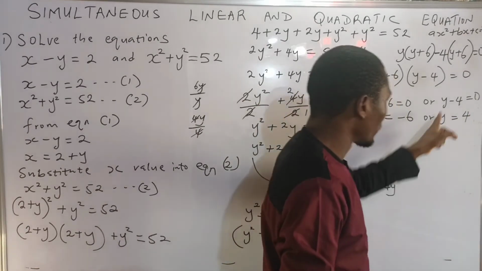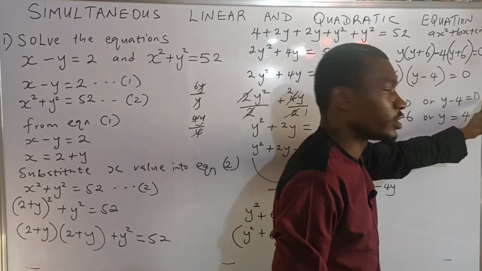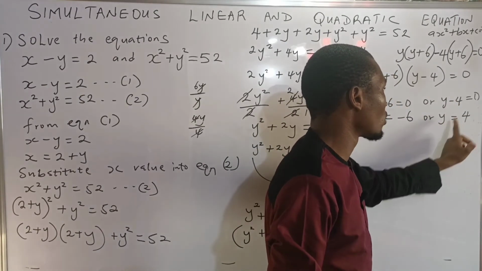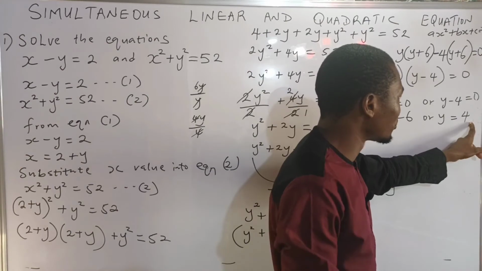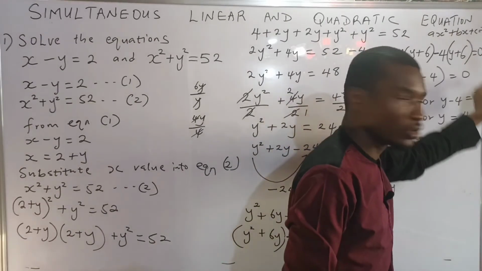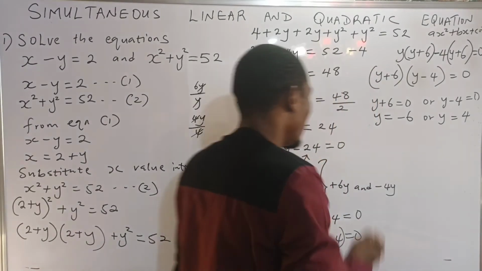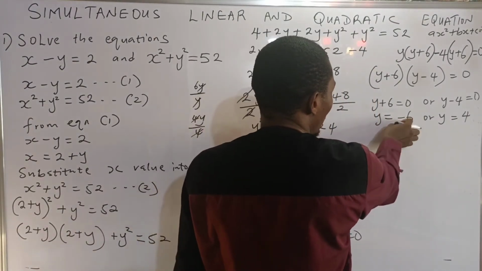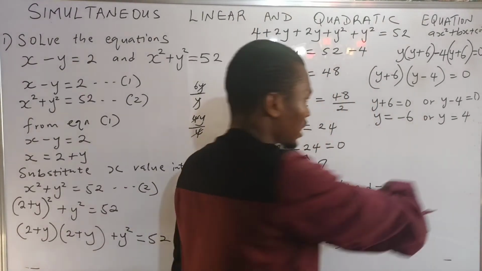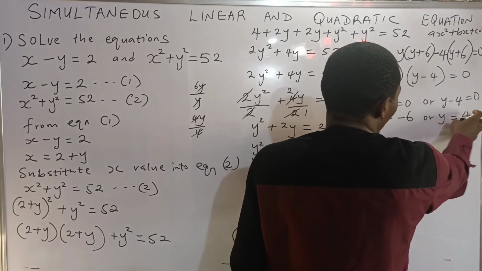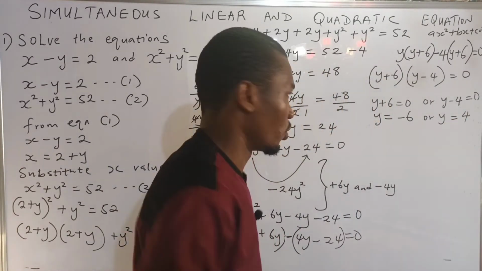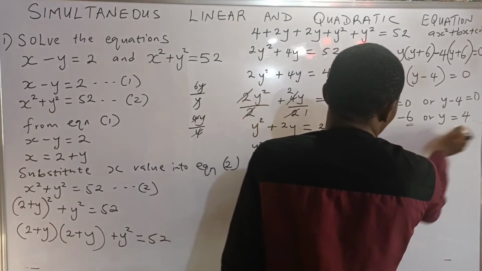That is adding positive 4 to both sides of the equation. We have that y will be equal to 4, or you say negative 4, crossing over to the right hand side of the equation, we have the value as 4. Hence, our y is equal to negative 6, and our y here also is equal to positive 4. These are the two values of our y.